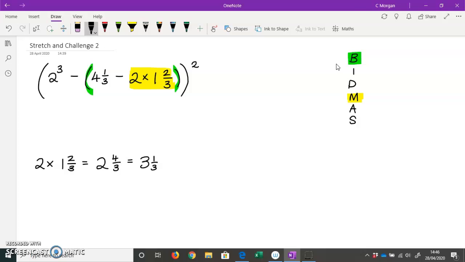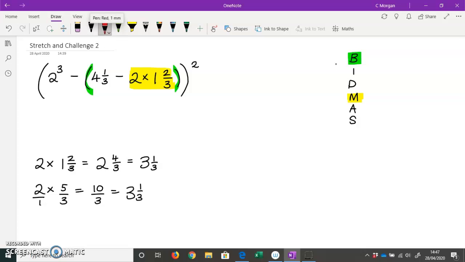If you wanted to do it a different way, you could, of course, turn the mixed number, 1 2/3, into an improper fraction, which would be 5/3. So if you wanted to multiply it like that, you could. So I get 10 over 3, which is the same as 3 1/3. So it doesn't matter how you do it, as long as you do it a correct way.